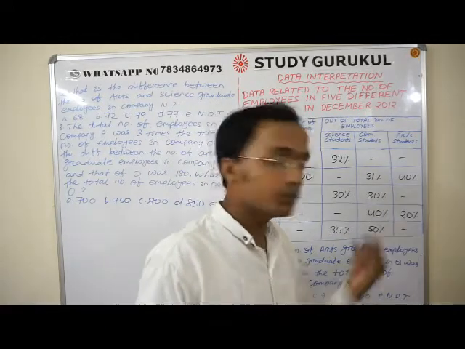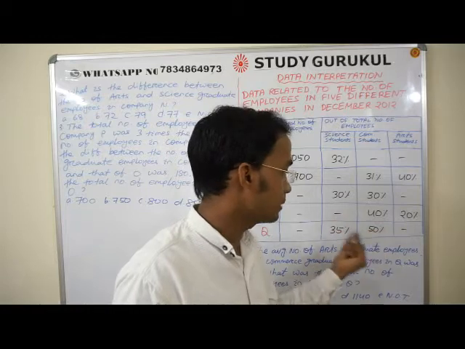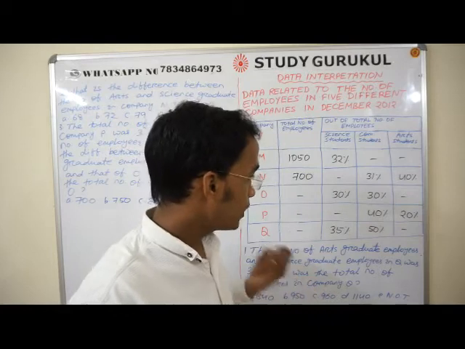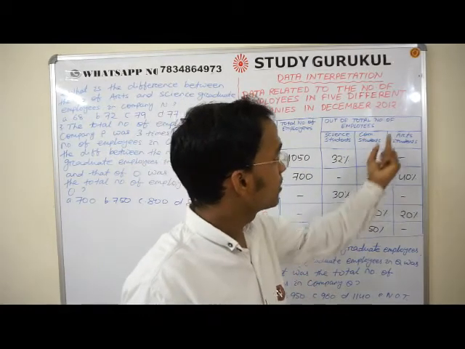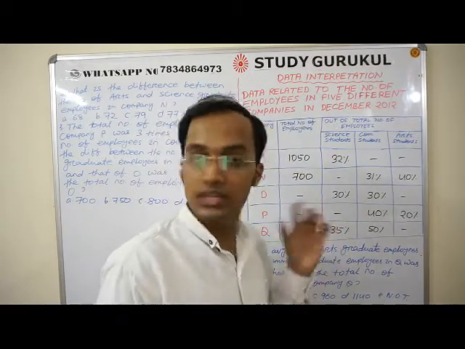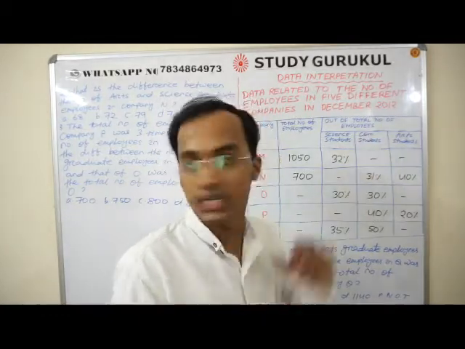This value is not given, but we can find it easily. If science is 35%, then the remaining is commerce and arts students.